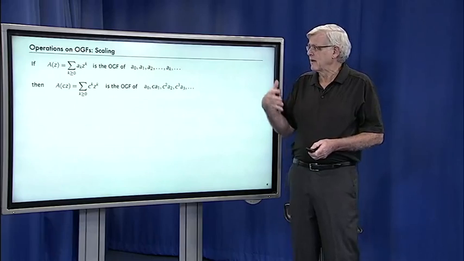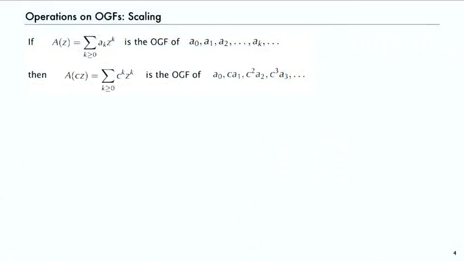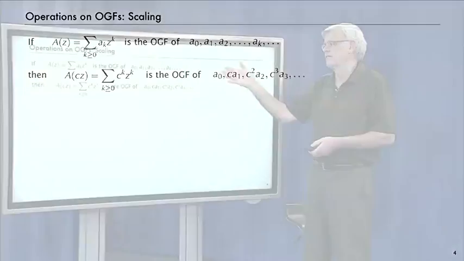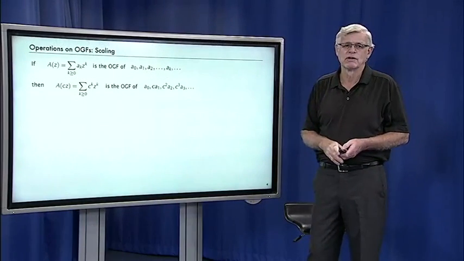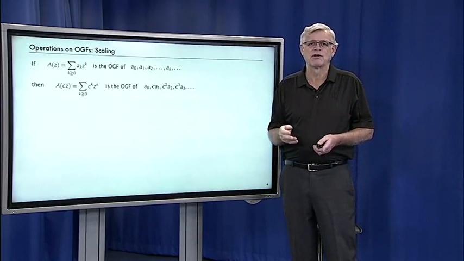But before getting into the applications, let's look again at some more basic operations on generating functions. We need to be able to find the generating function of a given sequence, and we need to be able to get the sequence back given the generating function.